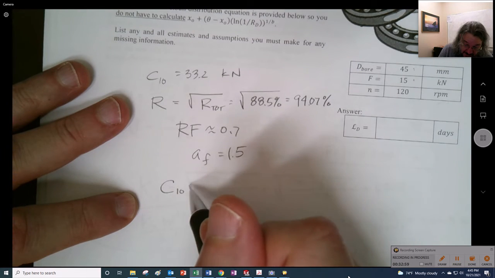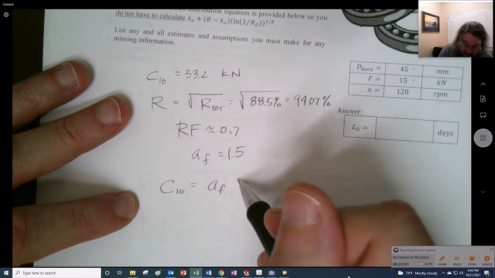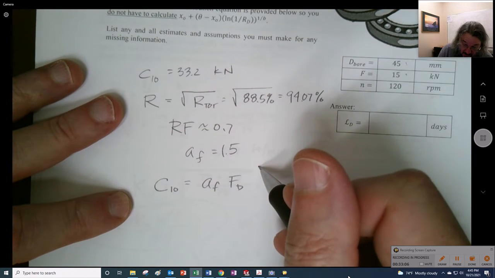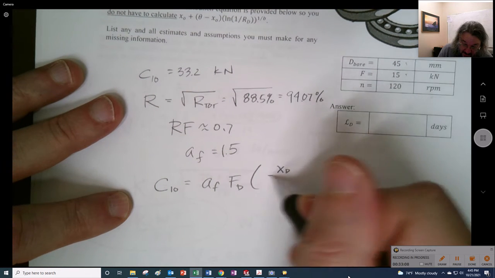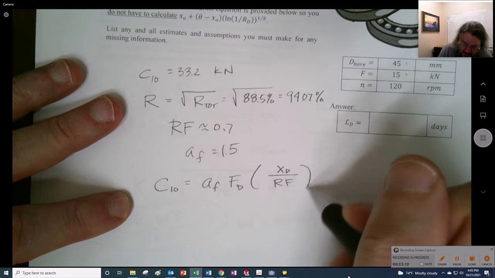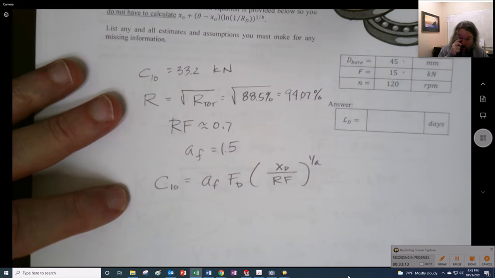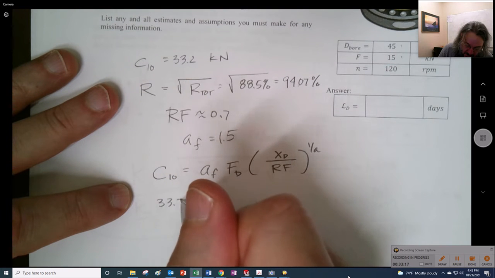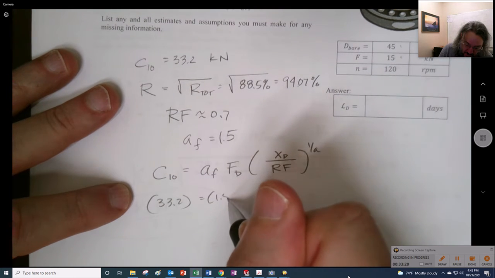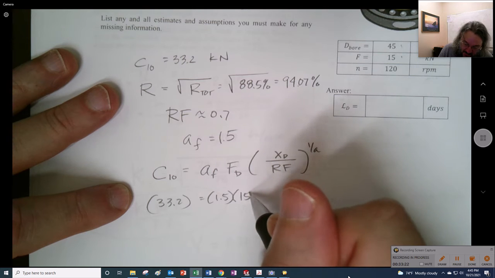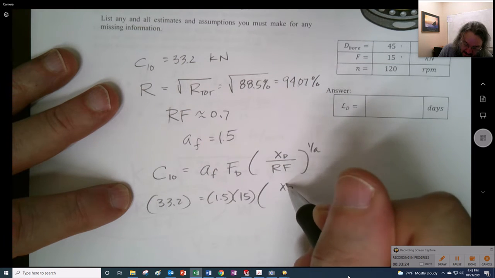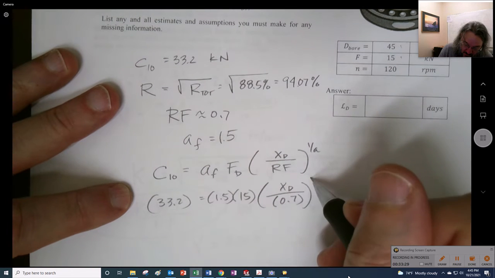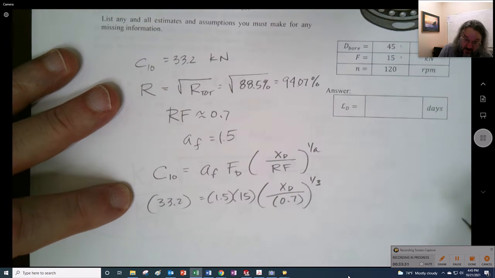I think I go C10 is equal to application factor times this design XD over my reliability factor raised to the 1 over A. Or I could say that 33.2 is equal to 1.5 times my 15 XD over my 0.7 raised to the 1 over 3.